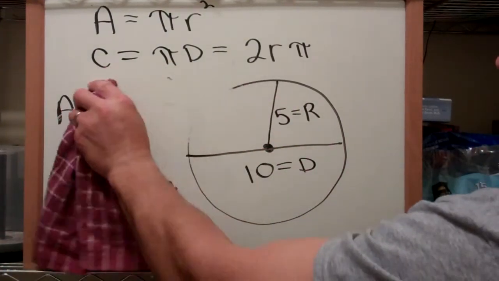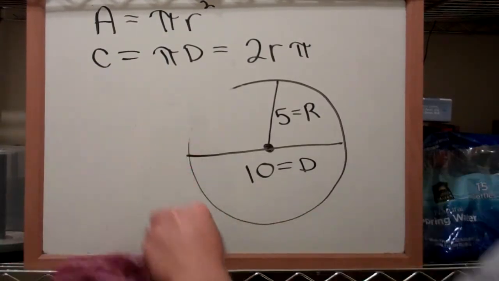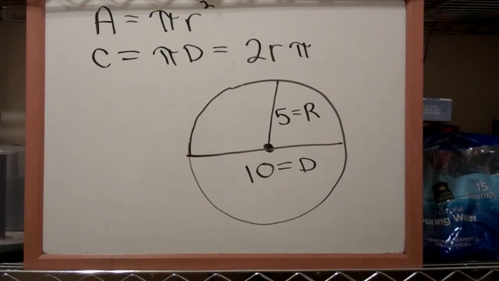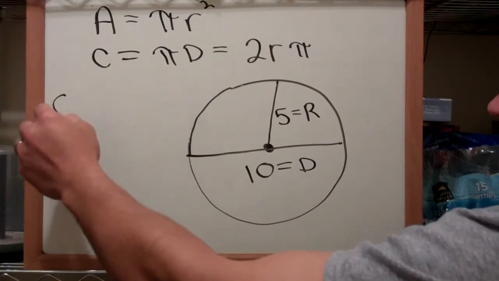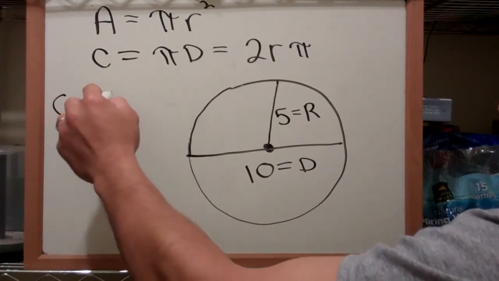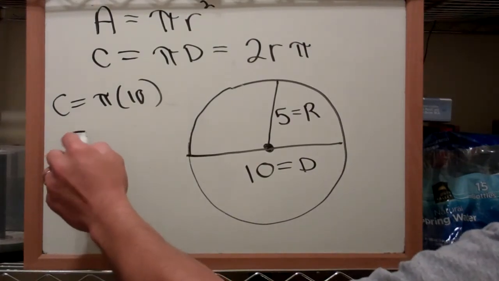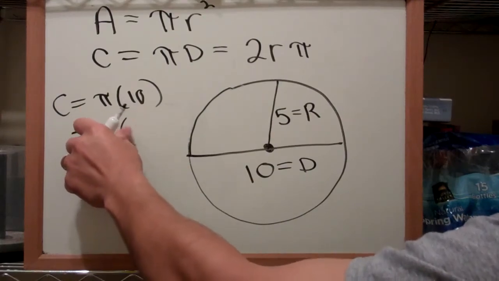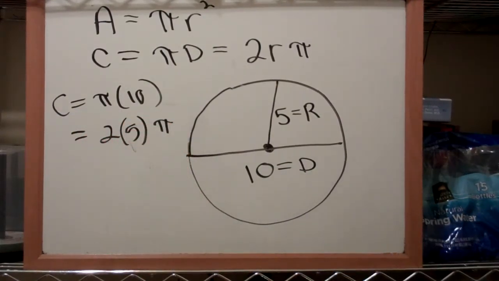Then, talking about the circumference of the circle, again, circumference being the distance around the circle, we could use one of two formulas here. We could use pi times the diameter, so pi times 10 as the diameter, or we could use 2 times the radius, which is 5, times pi.